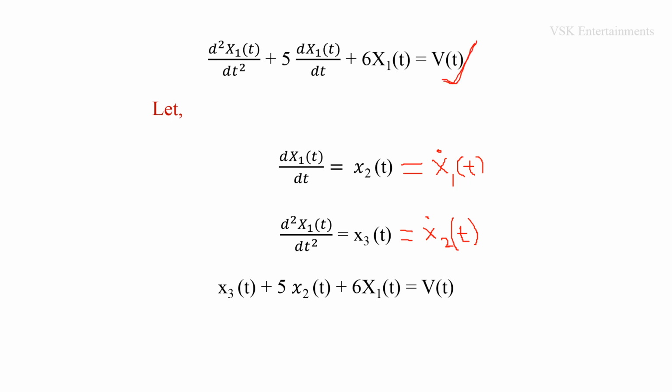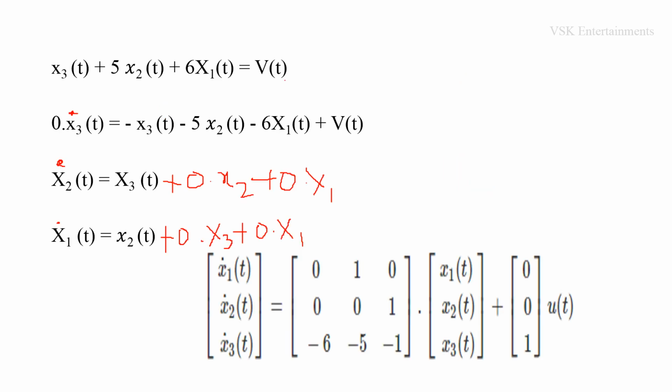Now in this equation, consider dx1(t)/dt = x2, that is nothing but the first state vector. Similarly, d^2x1(t)/dt^2 = x3(t), that is nothing but x2 dot of t. Now substituting these two factors in the above equation, we get x3(t) + 5 into x2(t) + 6 into x1(t) = v(t).